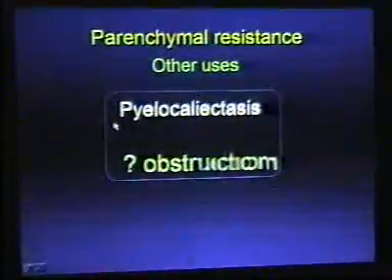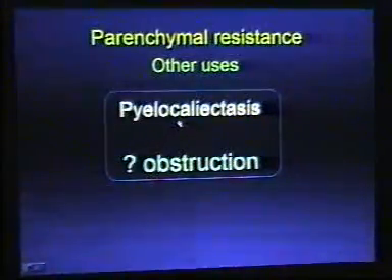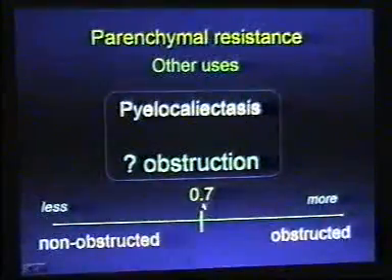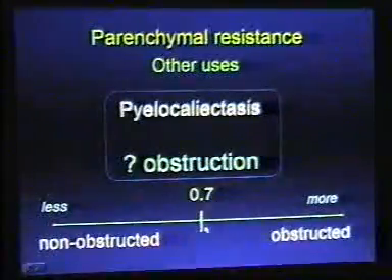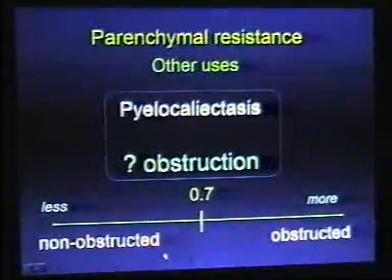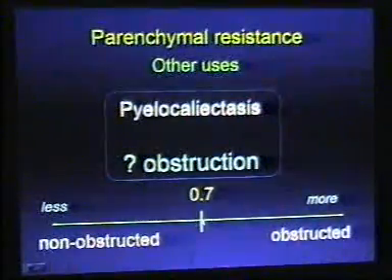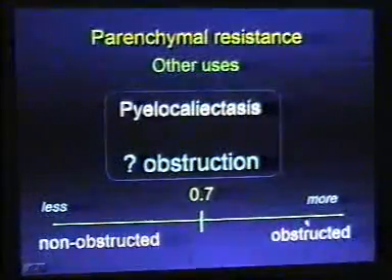The parenchymal resistance, other uses are pilocalectasis, which indicates obstruction. It means 0.7 is the point. If it is less than 0.5, there will be non-obstructed. If this parenchymal resistance is more than 0.7, it means obstruction in the vessel.